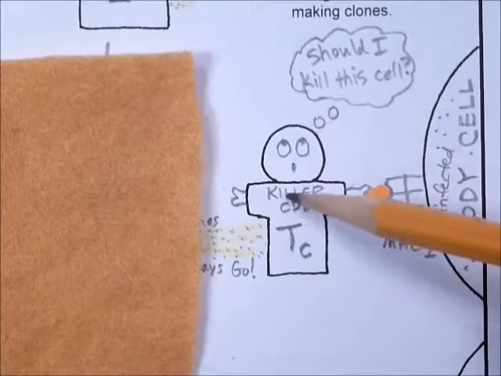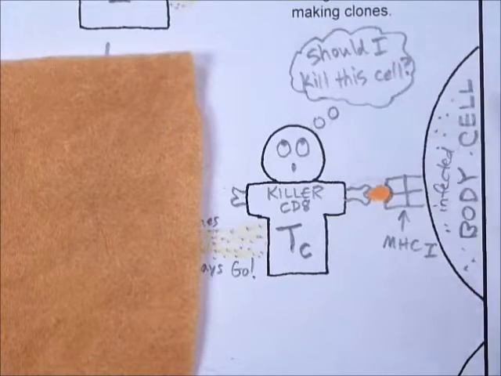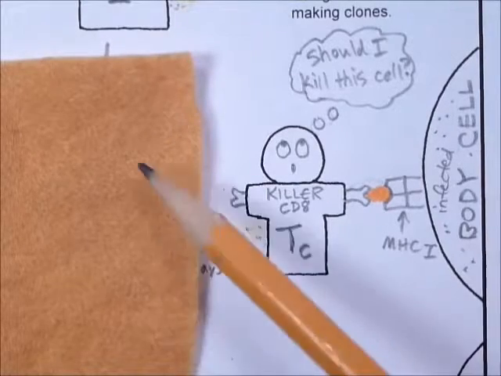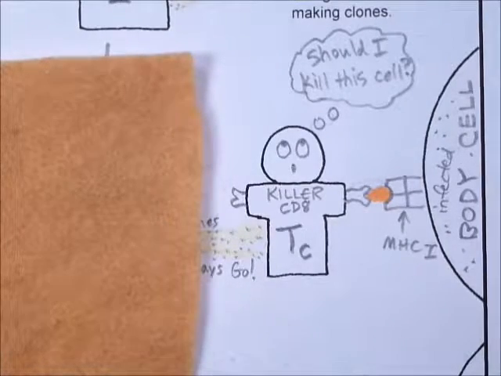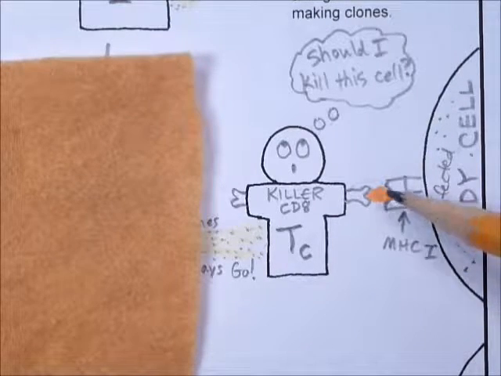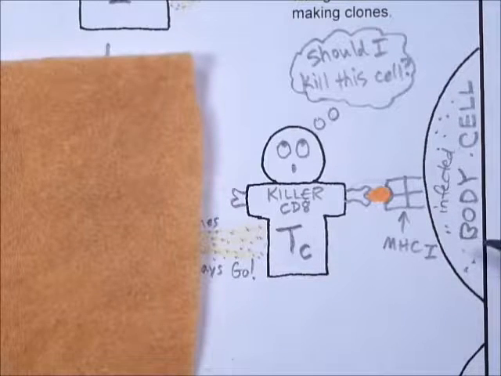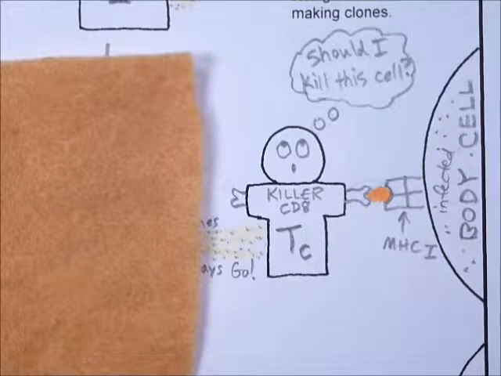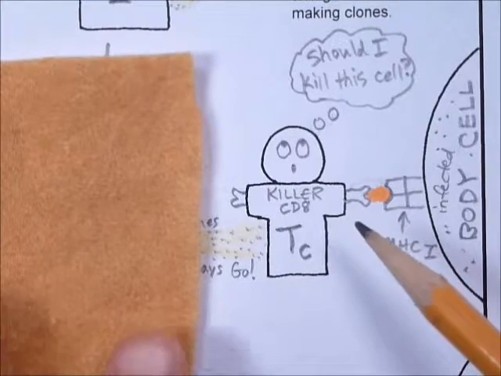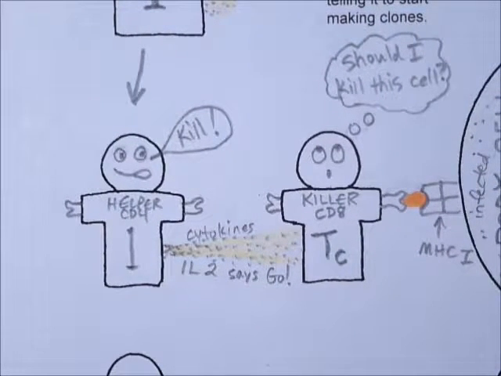And here comes a killer cell over, matches up, and it's thinking, should I kill this cell? And there's no CD4 there to tell it to go ahead and kill. So though it locks on, it never kills. And so the virus goes right on replicating, and the body cell dies. So killer cells are very, very dependent on these helpers. So now you understand a little bit how HIV works.